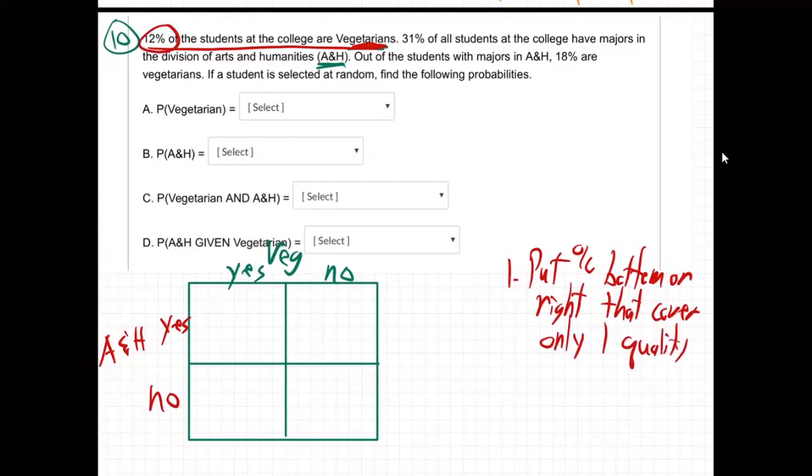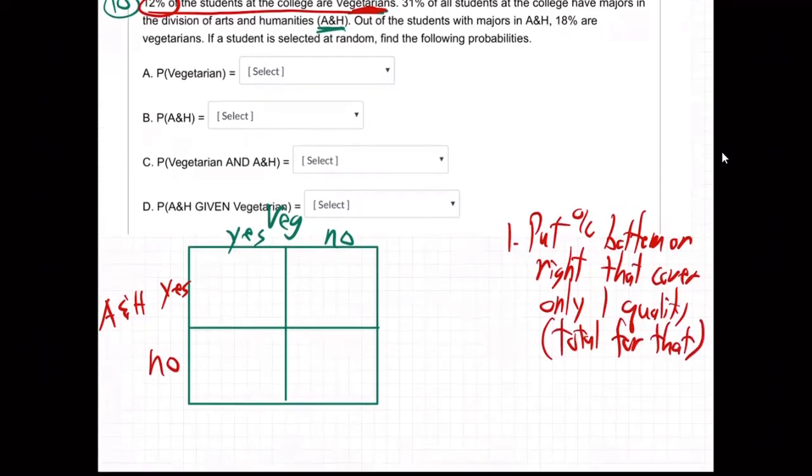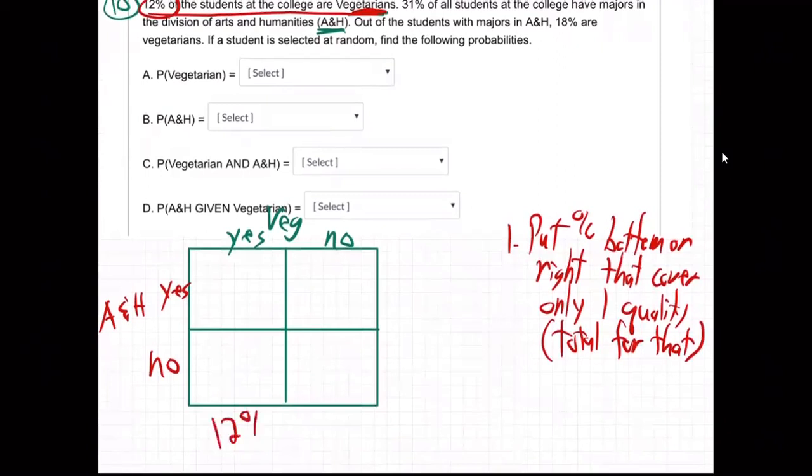So that's got to be the total for that quality. So 12% are vegetarians, that's going to go down here as the total yes vegetarians. That makes sense? Put the percentages on the bottom or the right that cover only one quality, because that's the total for that quality.